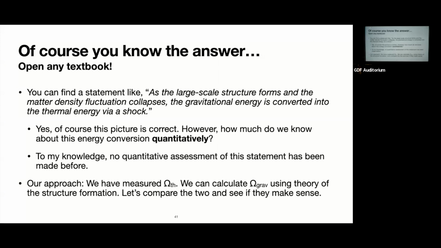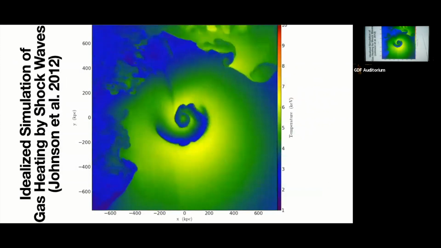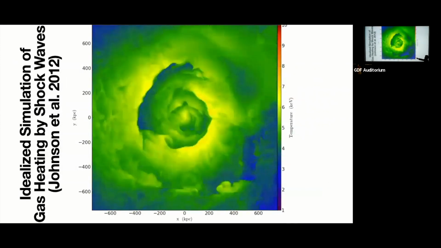So let's do this. Energy conservation calculation. We first calculate a gravitational energy density, and we compare that to the thermal energy that we measure to figure out energy conservation in the universe. So indeed, when you try to reproduce the SZ measurement, matter clumps, gets shock heated, and so on.